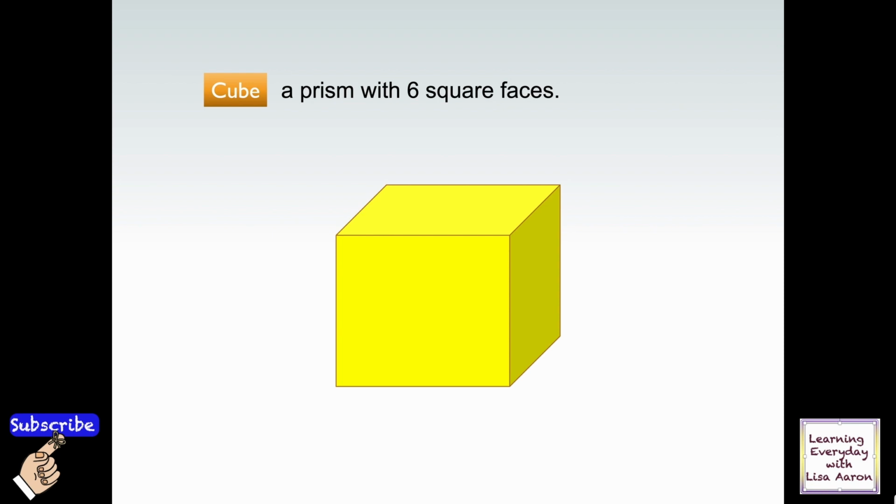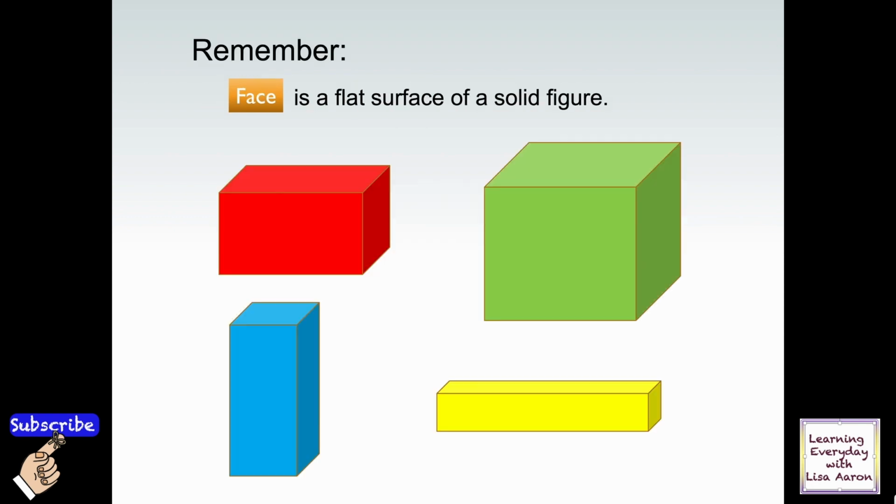Definition: cube, a prism with 6 square faces. That other definition was a rectangle with quadrilateral sides. Remember, definition: face is a flat surface of a solid figure.